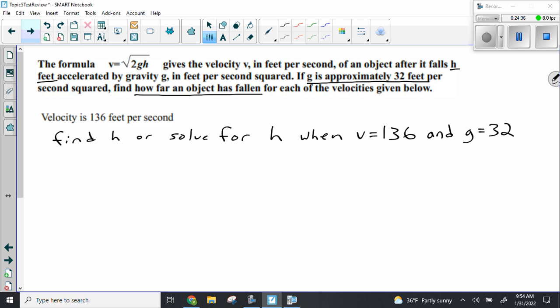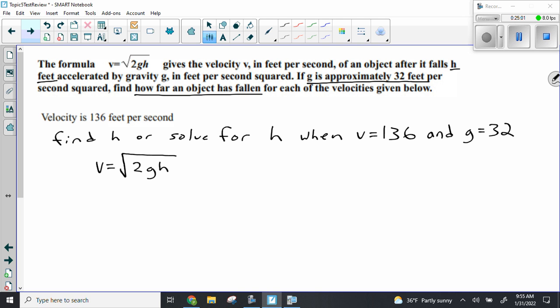So now that we have established what we're looking for and all of the values that have been given to us, it looks like we're missing h. So perfect, we need to solve for h. Let's get it done. All right, so I've got the formula: v equals the square root of 2gh.